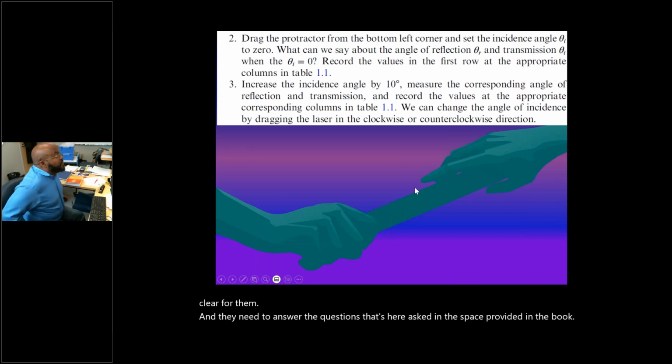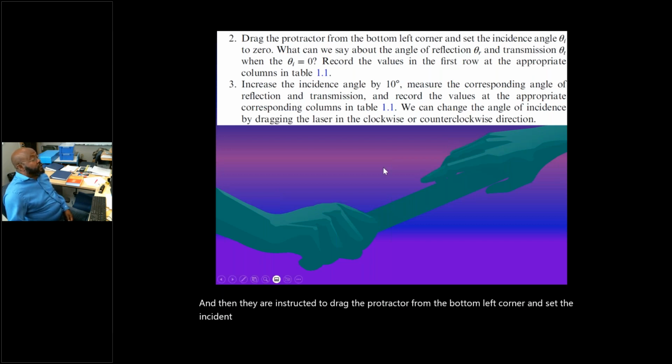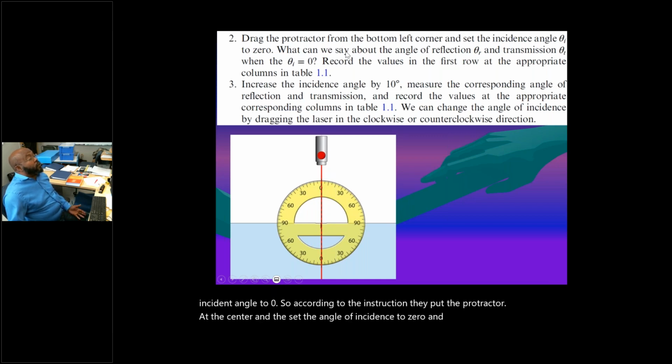Then they are instructed to drag the protractor from the bottom left corner and set the incident angle to 0. According to the instruction, they put the protractor at the center and set the angle of incidence to 0. There is a question: what can we say about the angle of reflection when the angle of incidence equals 0? So they need to answer that.